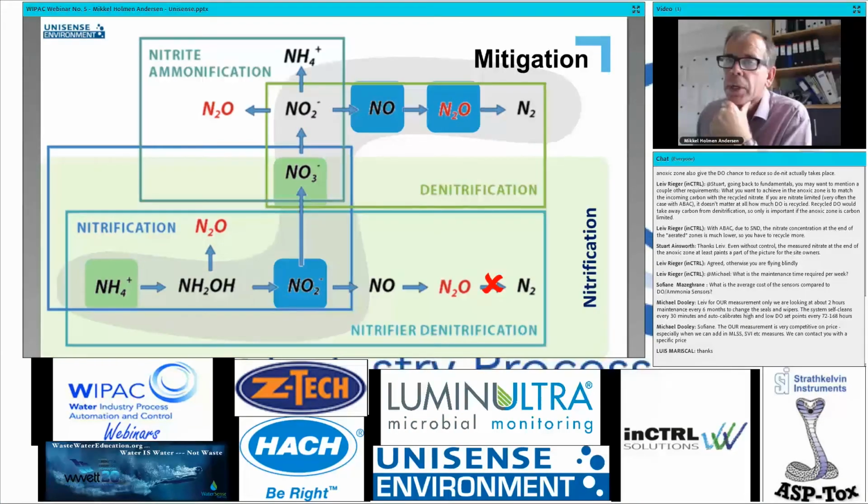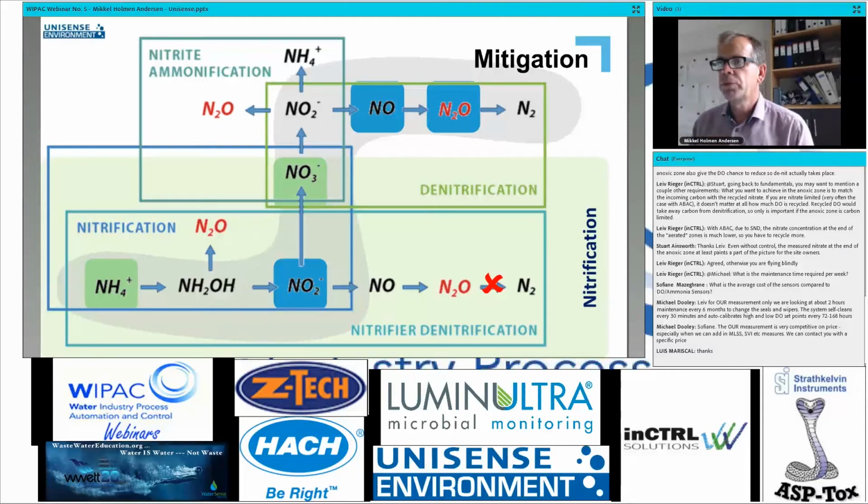And measuring ammonia and nitrates will give you some information, but really what we need to measure is the nitrite, which is the cornerstone between nitrification and denitrification. Understanding the level of the nitrite is really important. And here the nitrous oxide sensor becomes really important because there's a close linkage between the nitrites and the nitrous oxide.